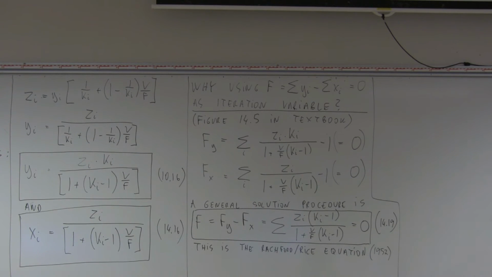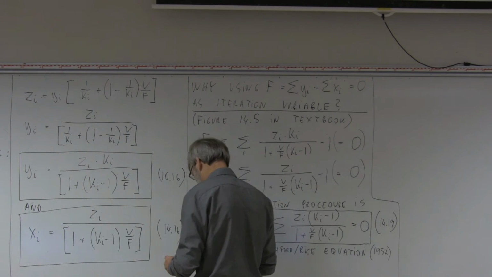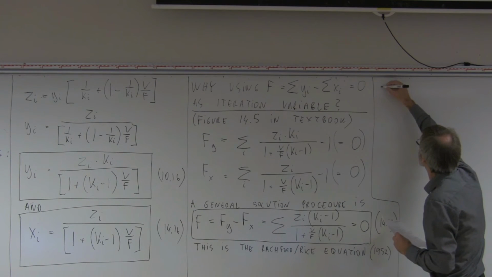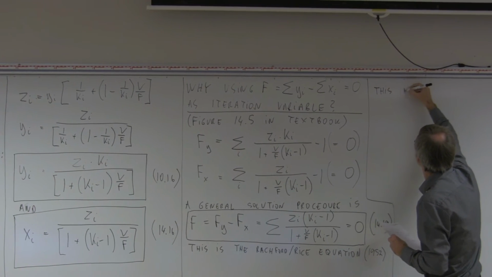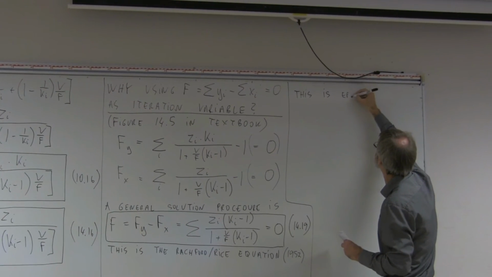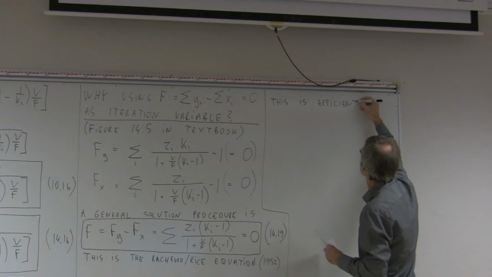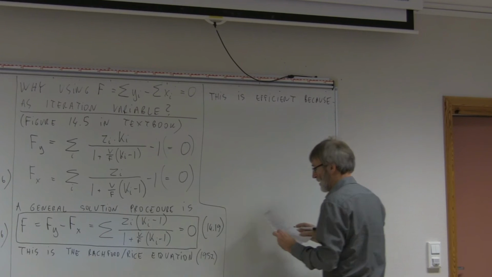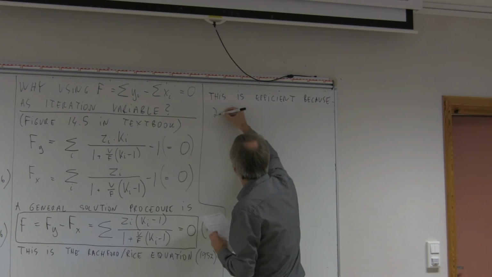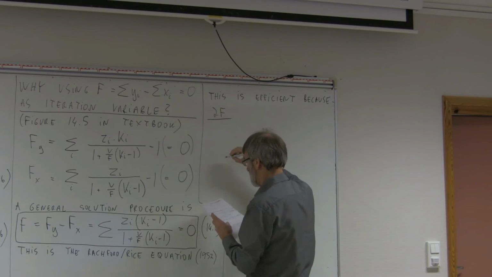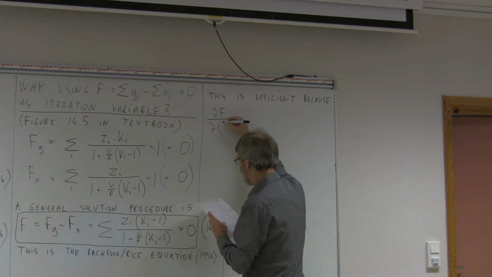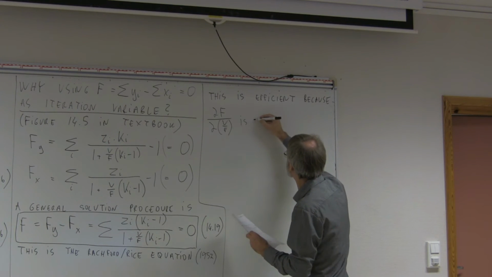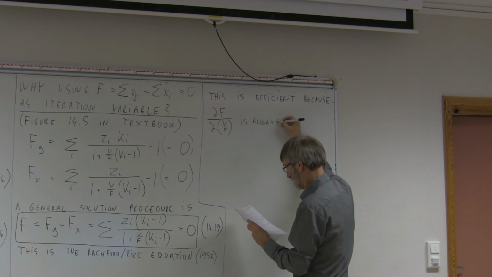And this is efficient because df over d(V over F) is always negative.